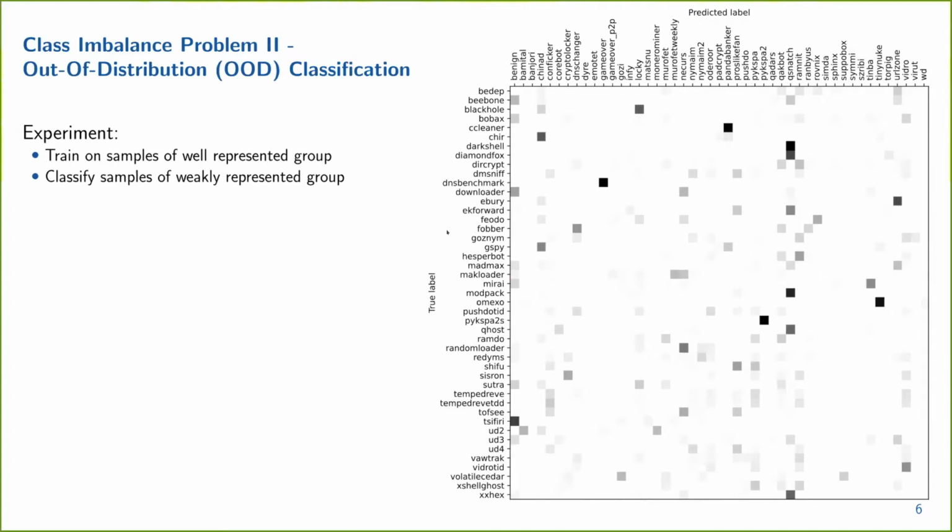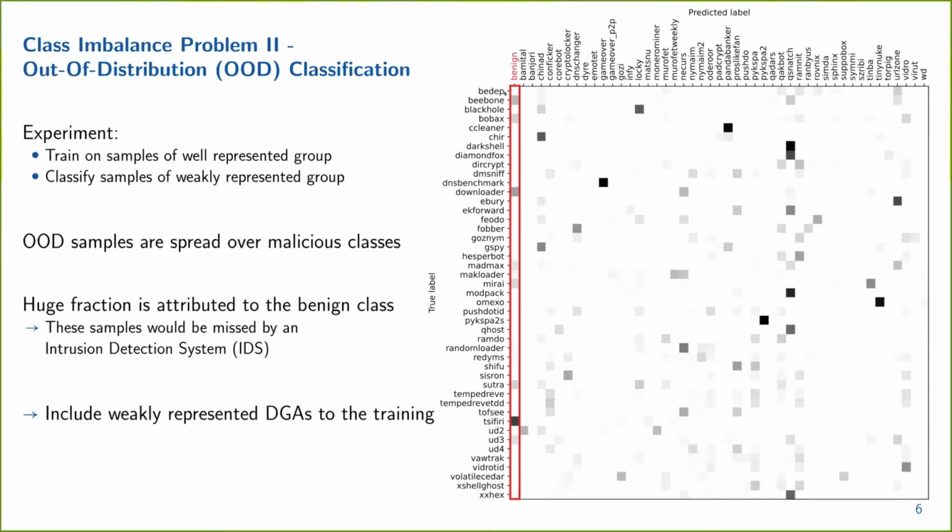And as you can see here, a huge fraction of samples is actually classified to the benign class if left out, and this corresponds to the fact that an intrusion detection system would miss these samples entirely, and not that they are just classified to a different malicious class. So again, it is definitely useful to include weakly represented DGAs into the training set.